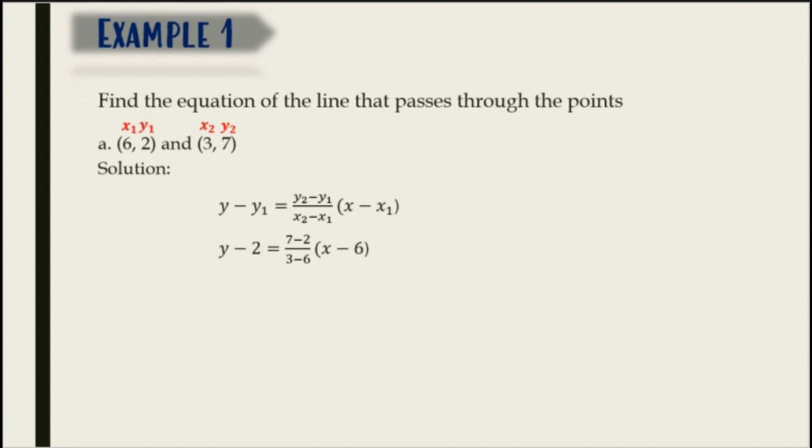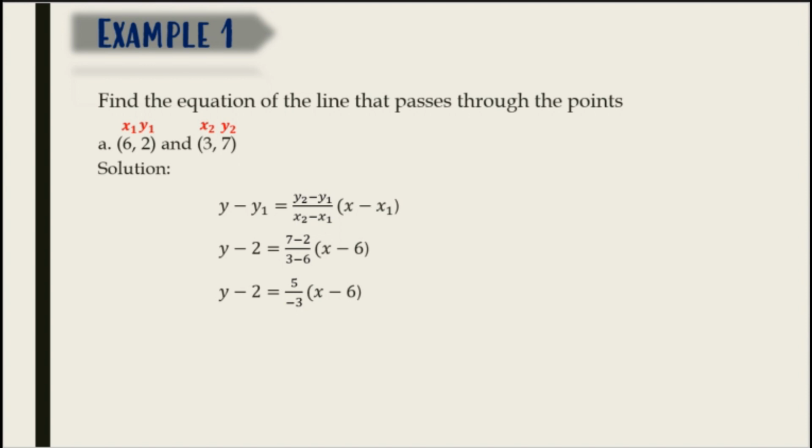We have y minus 2 equals 7 minus 2 all over 3 minus 6, quantity x minus 6, and then simplify. We get y minus 2 equals 5 over negative 3, quantity x minus 6.